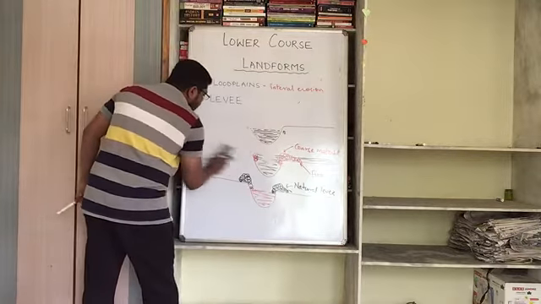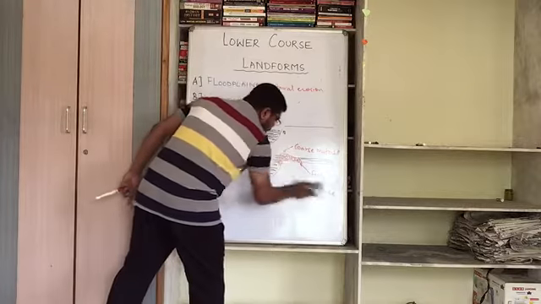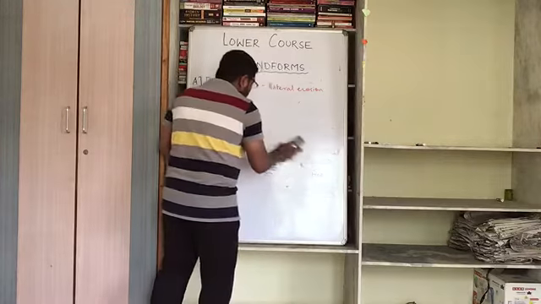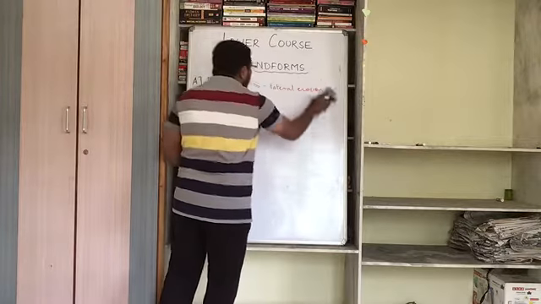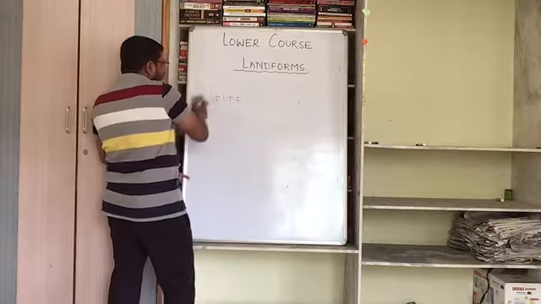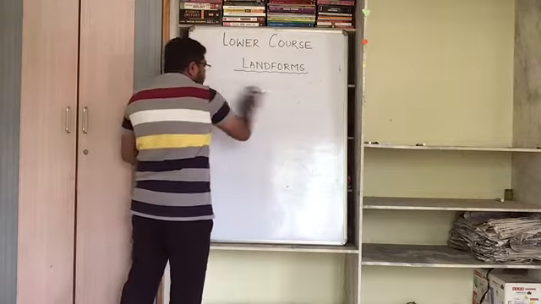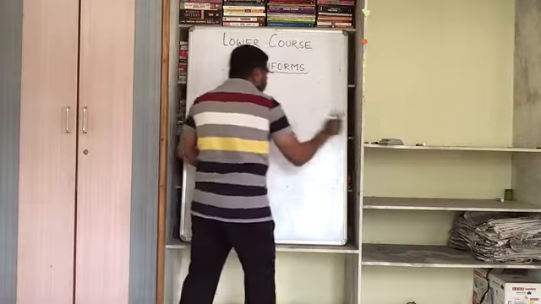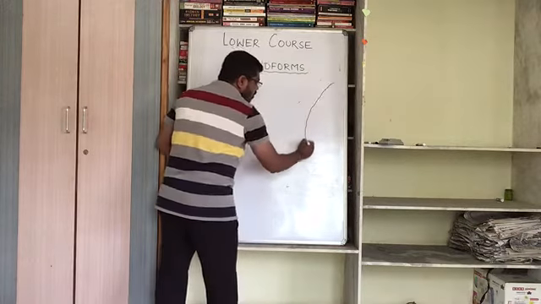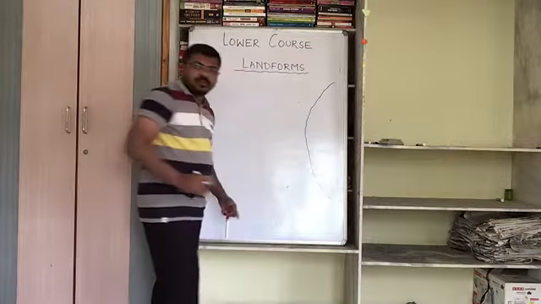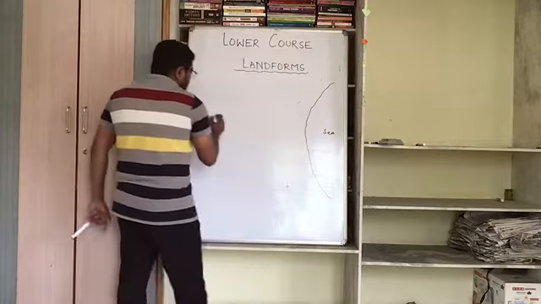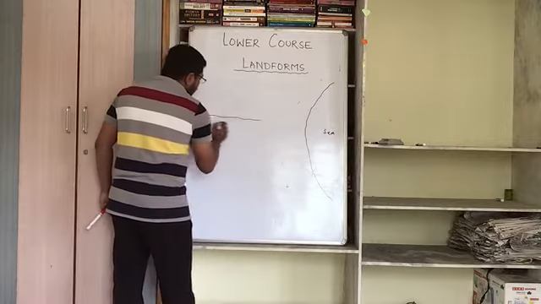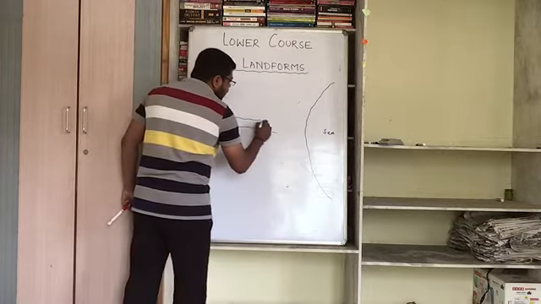Now the next feature is estuary. Estuaries are a kind of depositional feature which generally forms near the sea. So for example, this is the sea coast and a river is flowing into the sea.